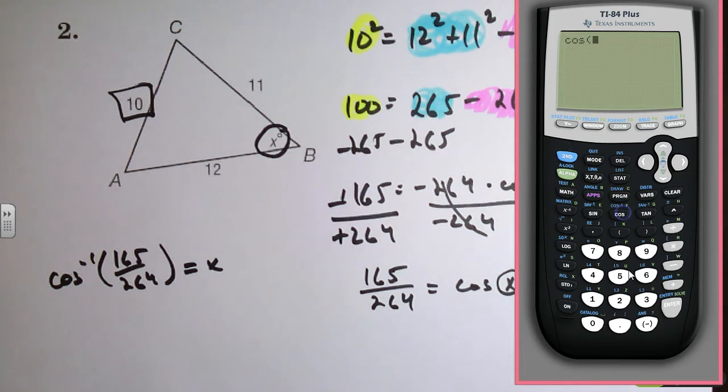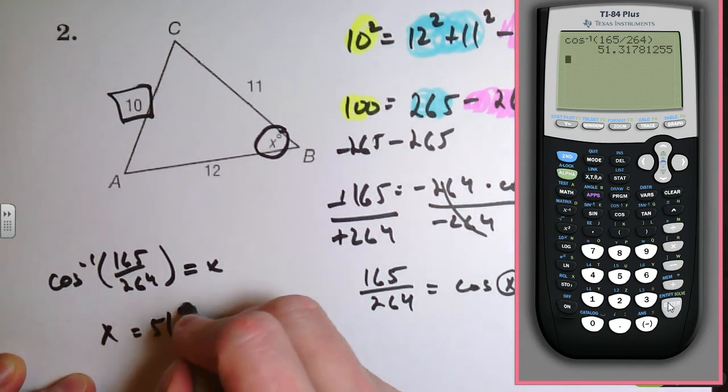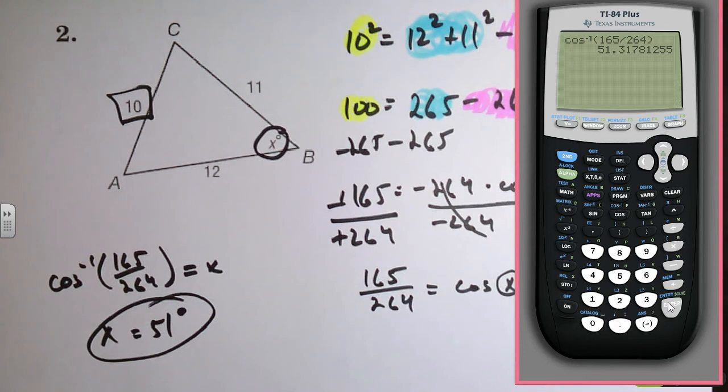Second cosine, 165 divided by 264. And I get 51.3. So I think it says nearest degree, 51 degrees. Okay, there you go. That's section 8.6.